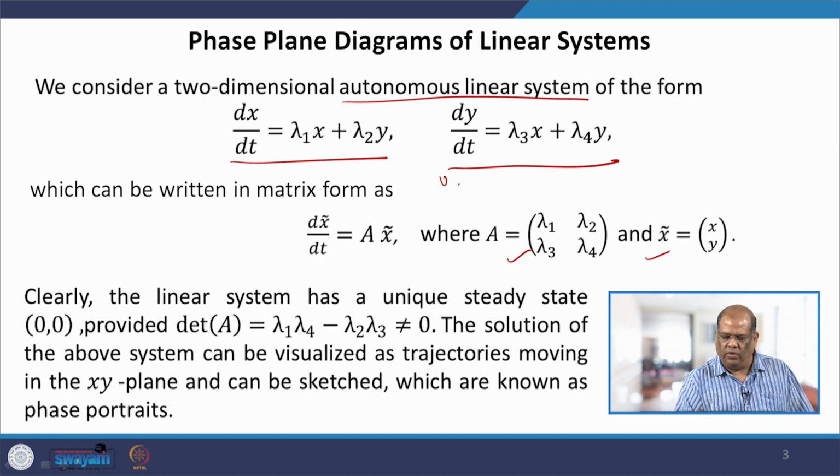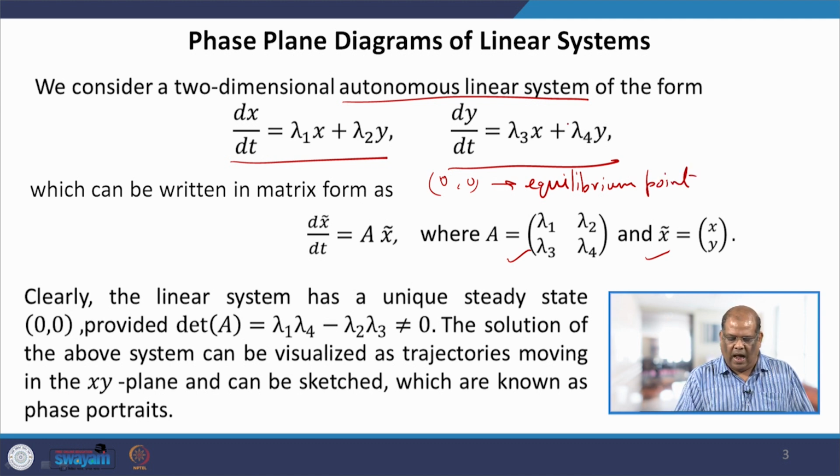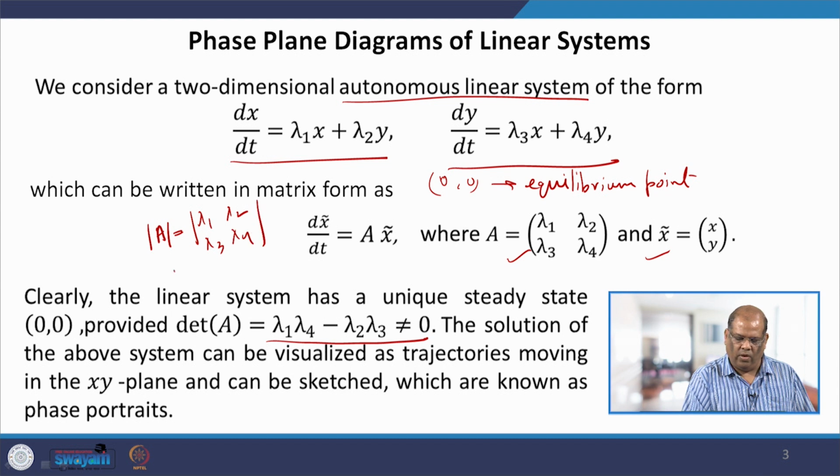Clearly, 0, 0 is your equilibrium point, because it satisfies the right hand side, and we consider the determinant of A, which is lambda 1 lambda 4 minus lambda 2 lambda 3.